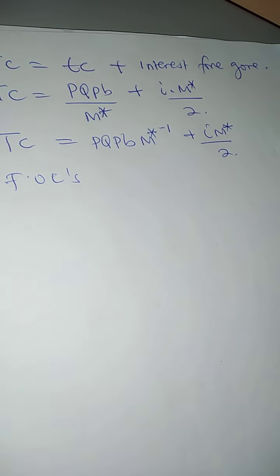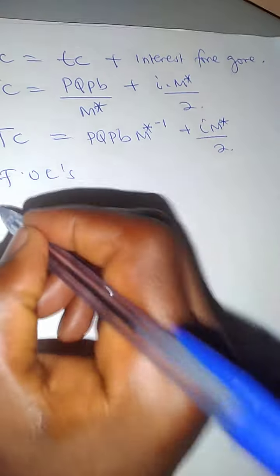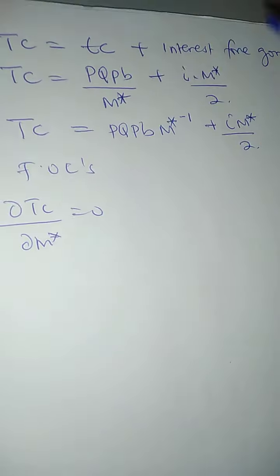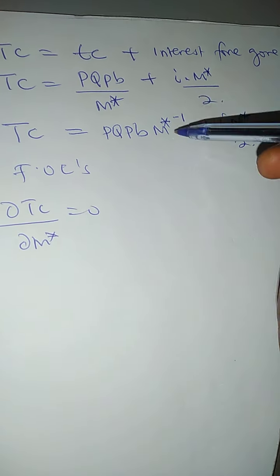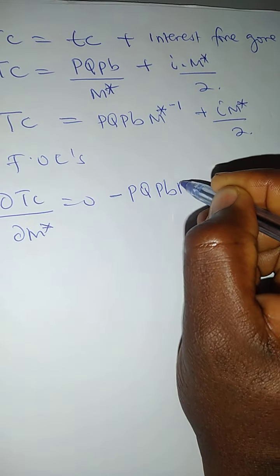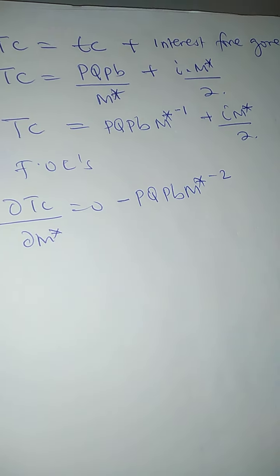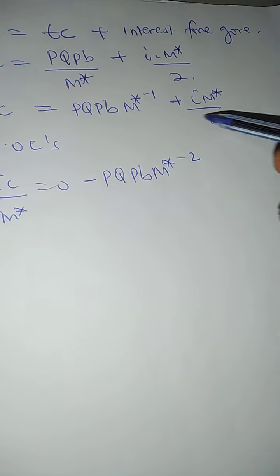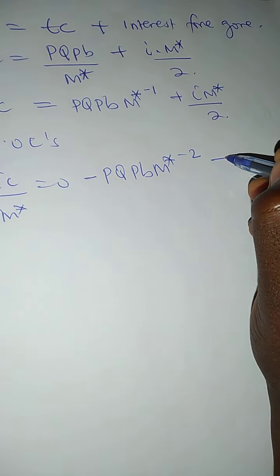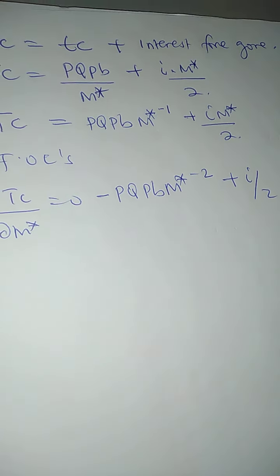The first order condition for TC with respect to M star we equate to 0. When we differentiate this function with respect to M star, we get a negative PQ PB M star to power -2. The partial derivative of I M star divided by 2 gives a plus I over 2.